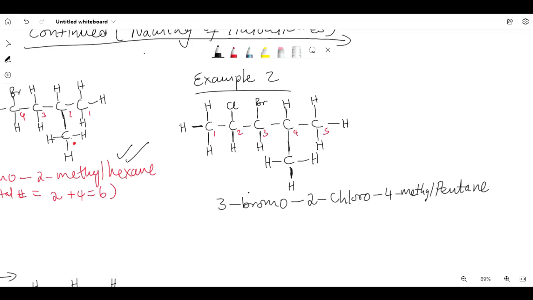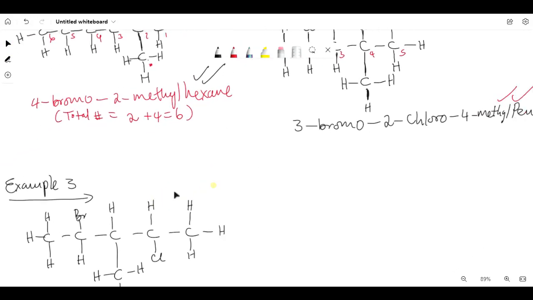We have a bromo at number 3, a chloro at number 2, and a methyl at number 4. So that is our name. Excellent. Now let's navigate to the next example.